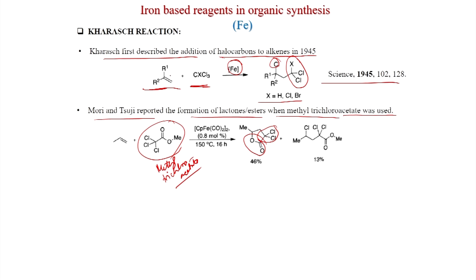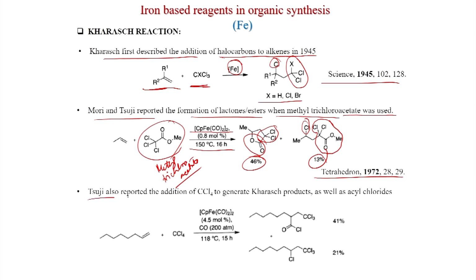Earlier we have seen Cl coming and the CXCl2 group coming at the terminal carbon. So, this product you can get in 46% yield after treating with cyclopentadienyl iron dicarbonyl dimer, the structure we have seen earlier, 0.8 mole % at 150 degrees centigrade for 16 hours. Along with this product, here chlorine comes and this group comes at the terminal carbon, and you get this product in 13% yield. This was published in Tetrahedron 1972.